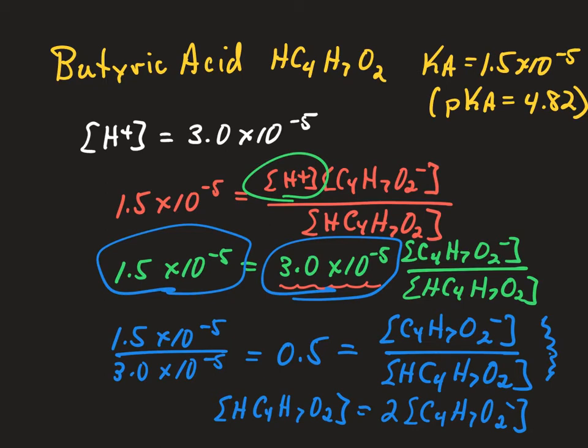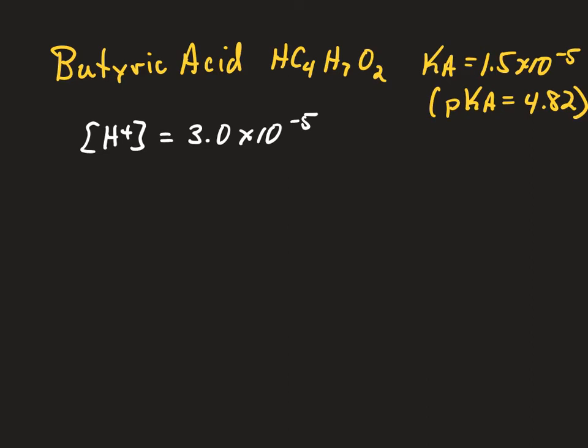Now I'll show you the same problem using the Henderson-Hasselbalch equation. If we start the problem in the same place, the hydrogen ion concentration is 3.0 times 10 to the minus 5. That is a pH of 4.523, just for fun.